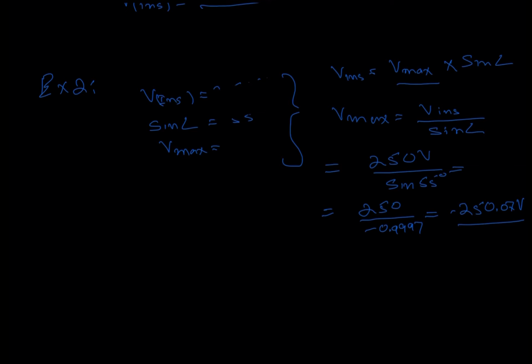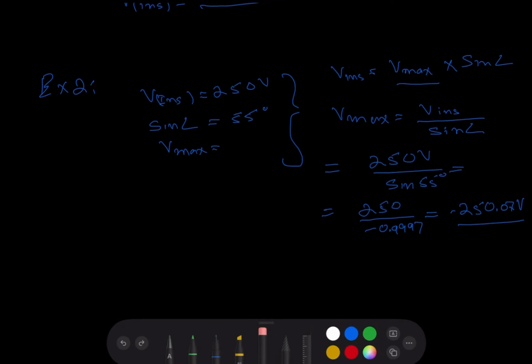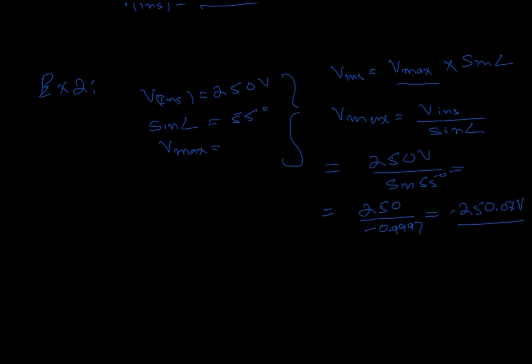Sorry, that's an eraser. I don't know why that gets there. So this is our instantaneous. Our max voltage here is 250.07, but in the negative direction. So it will be going like that. Let's say, as you can see, a sine wave.